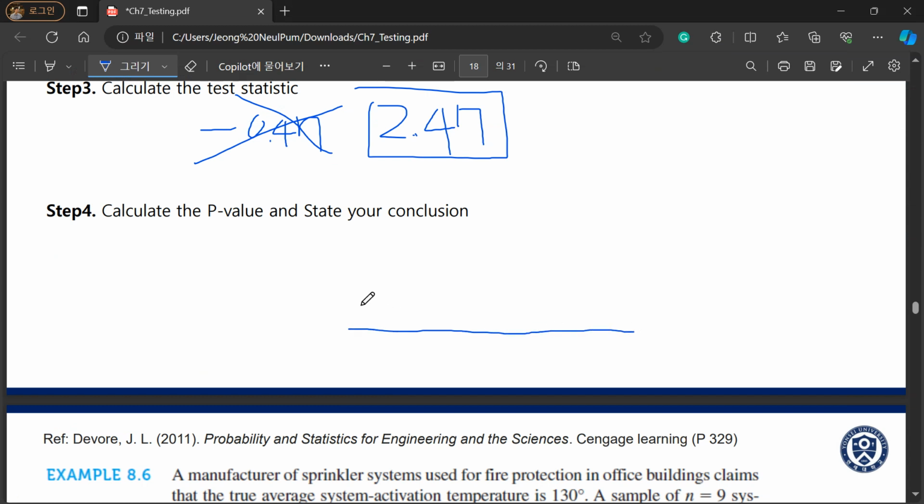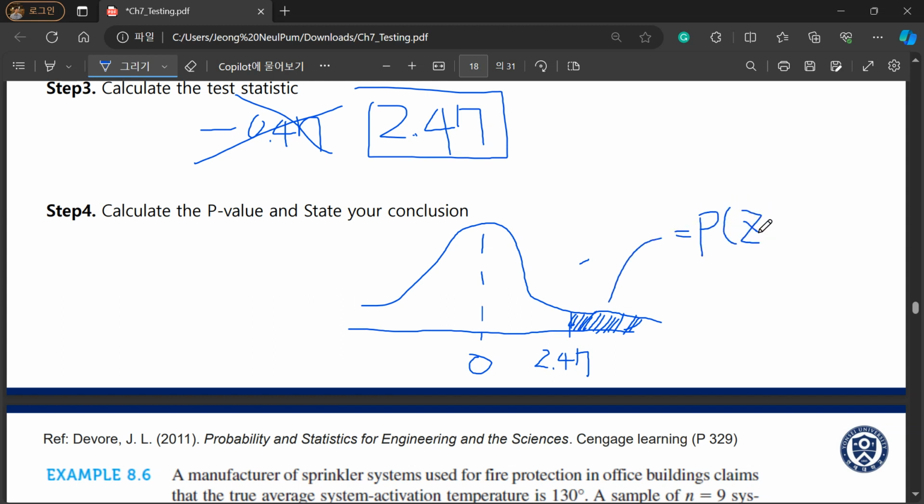This is the standard normal distribution with 0 mean and sigma 1, and we want to know the probability that our standard normal variable is greater than or equal to 2.47, which is the p-value in this situation.